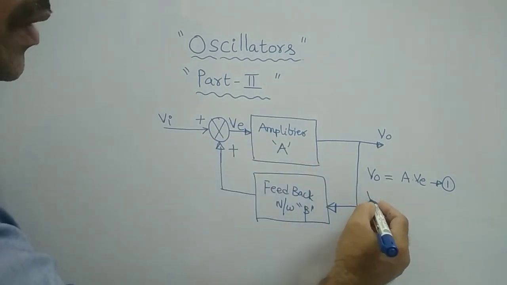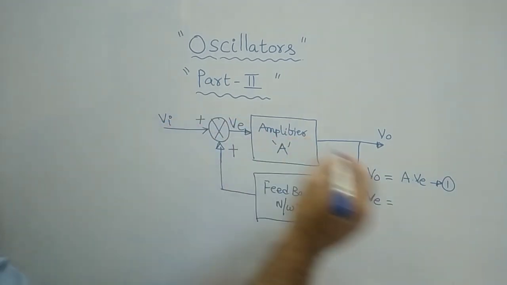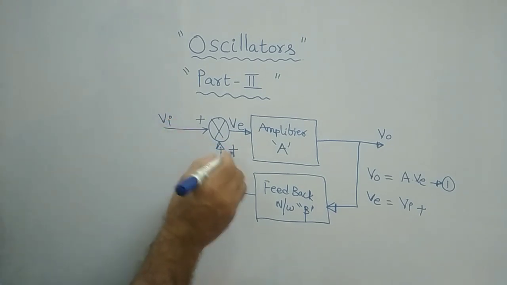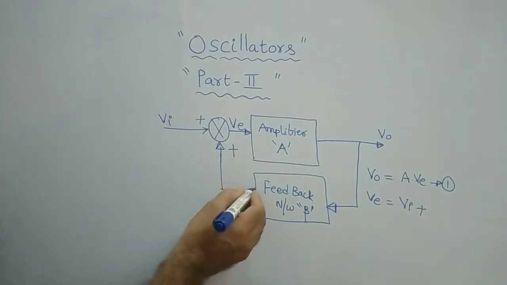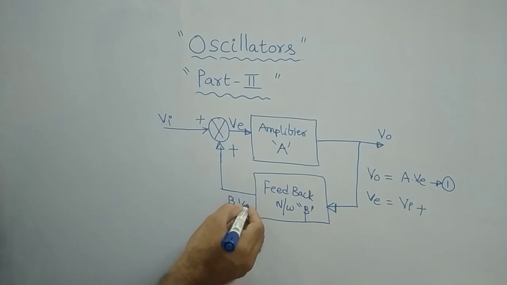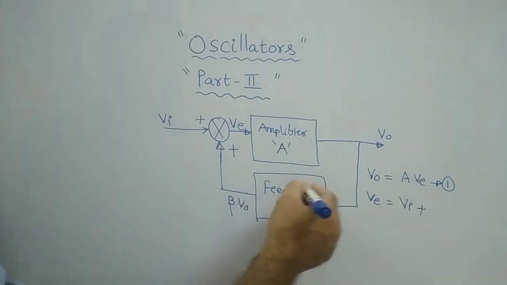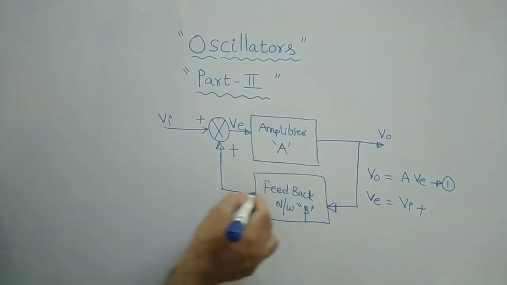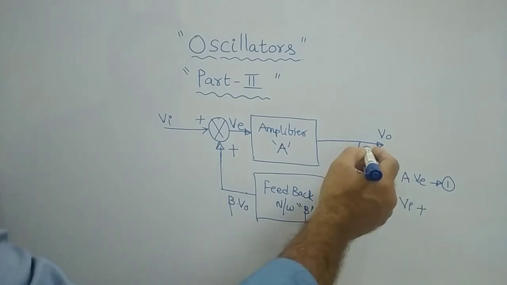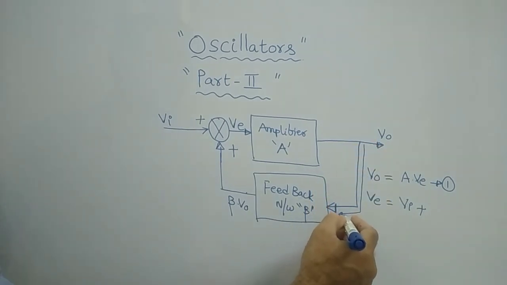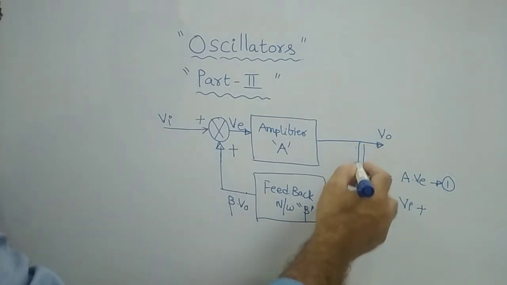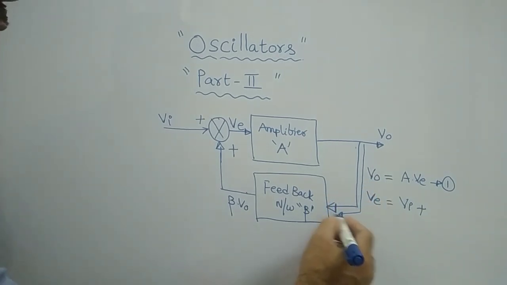Similarly, what is VE? The error signal VE is equal to VI, the input signal, plus the output of the feedback network, which is beta times V0. For this feedback network, V0 is the input, since part of the output is taken back here.